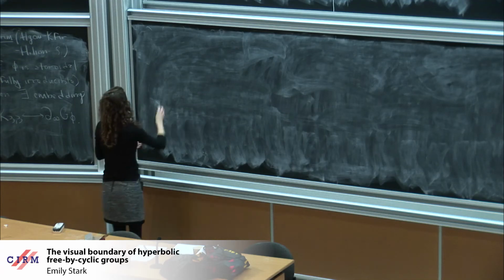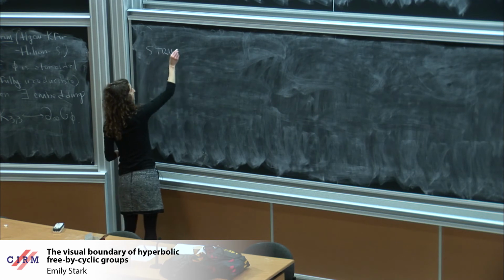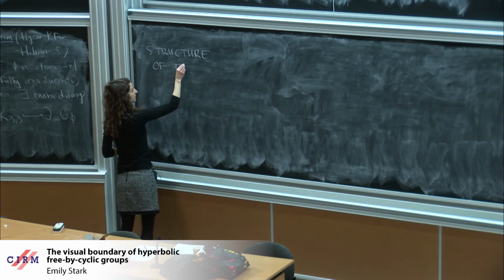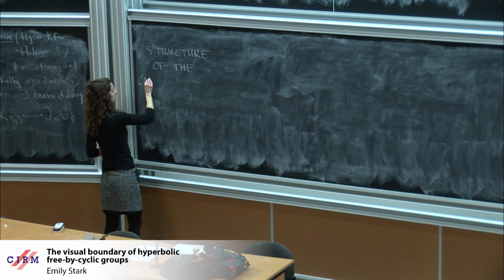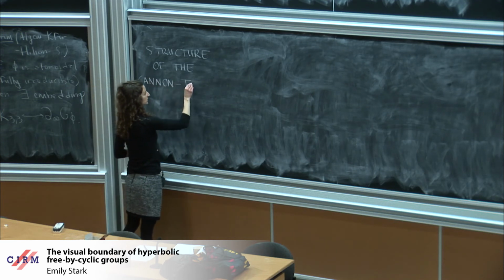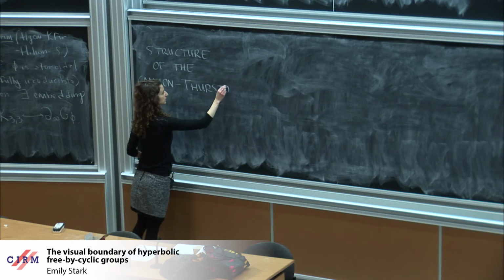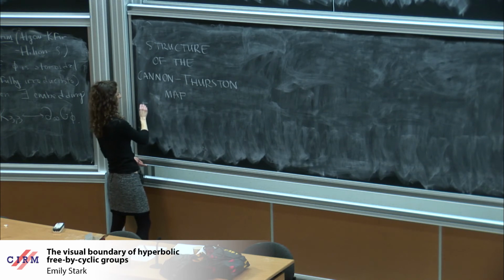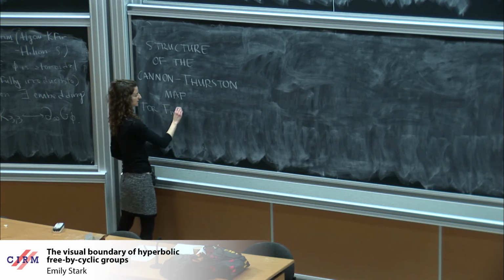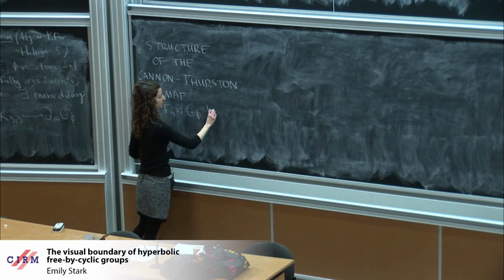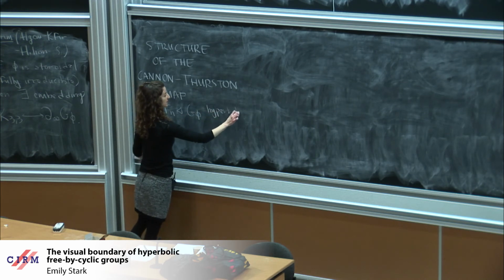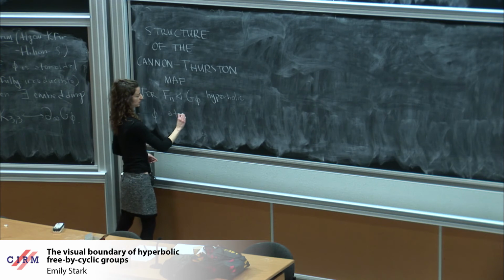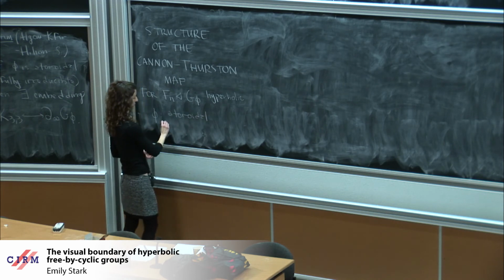So let me now explain what is the structure of the Cannon-Thurston map for the free subgroup inside of a hyperbolic free-by-cyclic group, where we'll assume that the outer automorphism phi is atoroidal and fully irreducible.